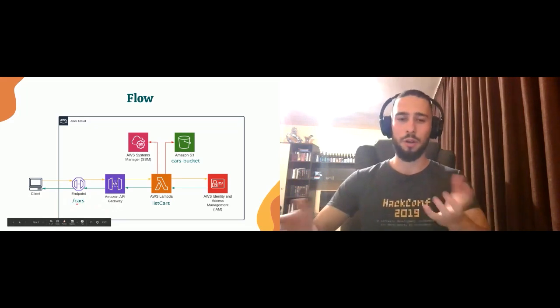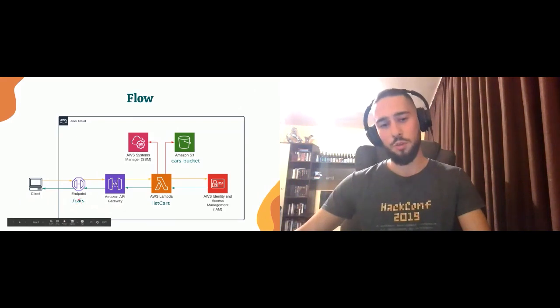Our endpoint will be cars. We'll be using cars as our entity for today's presentation. So the client will make a GET request to our endpoint. Then this request will be forwarded to Amazon API Gateway, which will invoke a Lambda function.